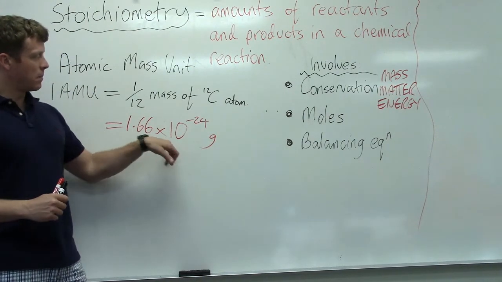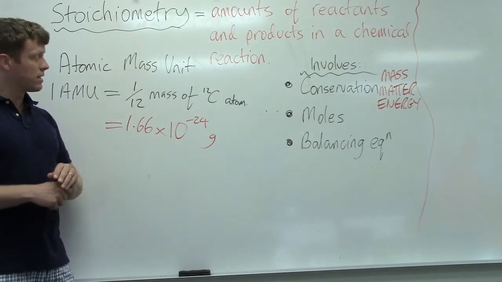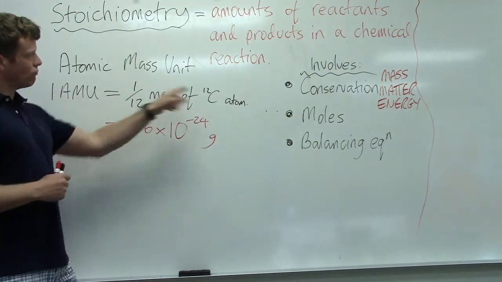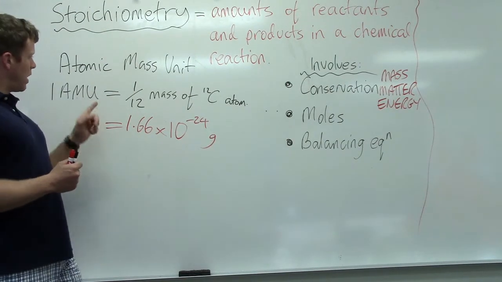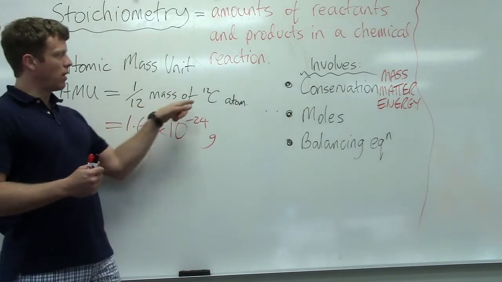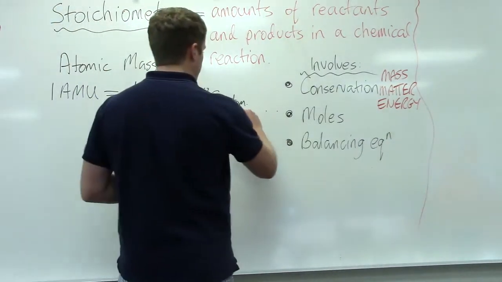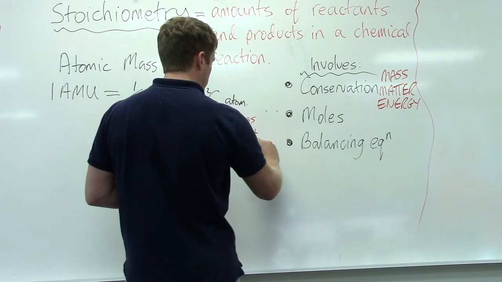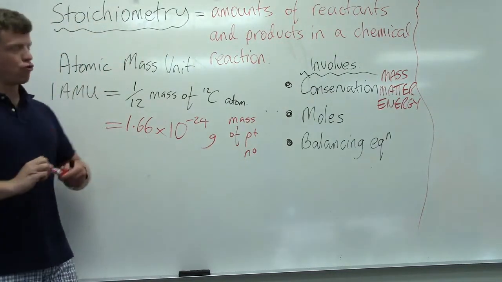This is a definite value. We know how much one proton weighs. So this is the general system: 1 AMU is equal to this many grams. And the definition of it is a 12th of the mass of a carbon atom, which is basically the mass of a proton. P plus, proton, n to the power 0, neutron.